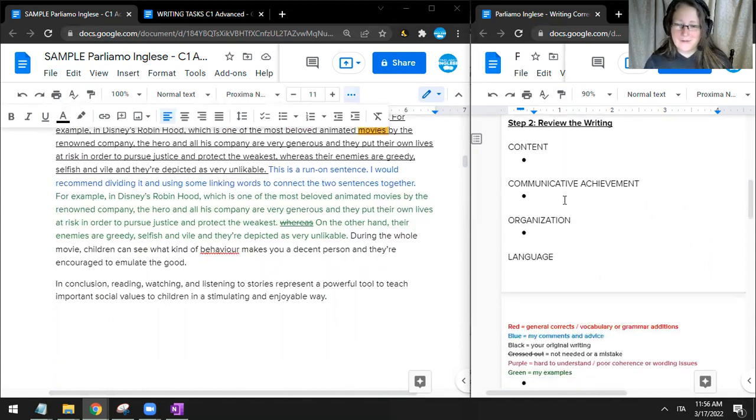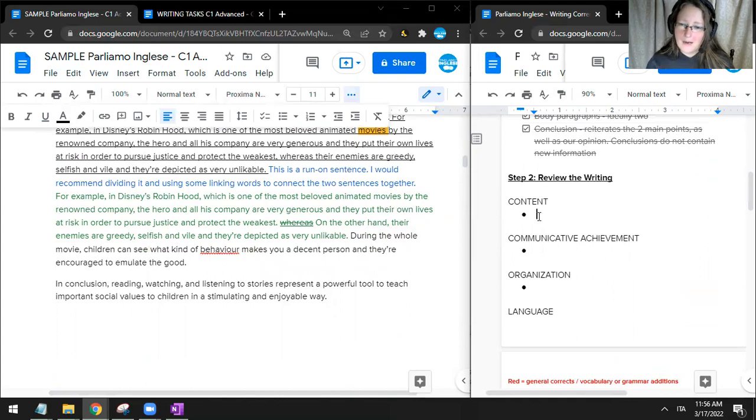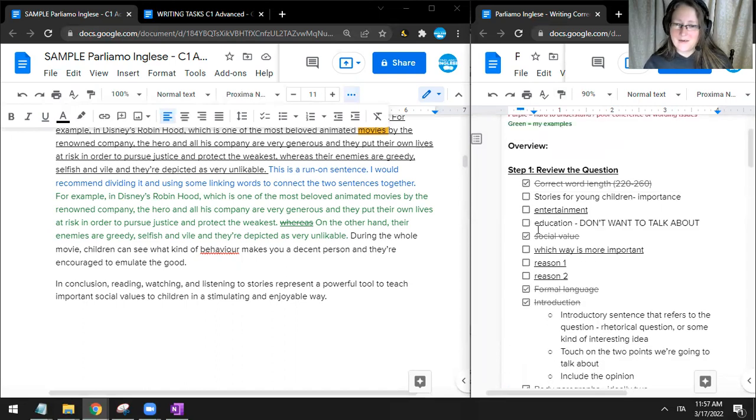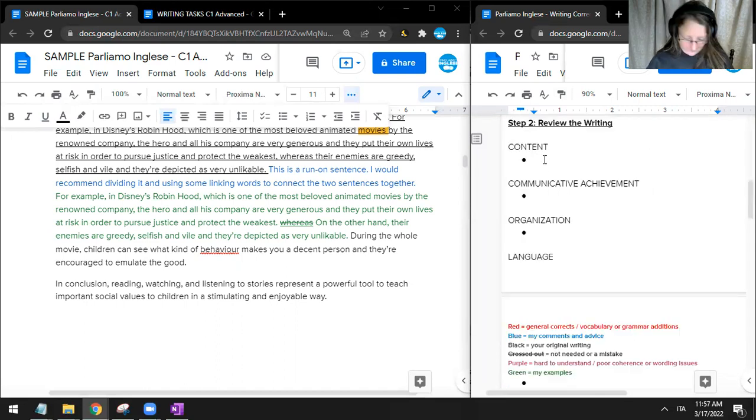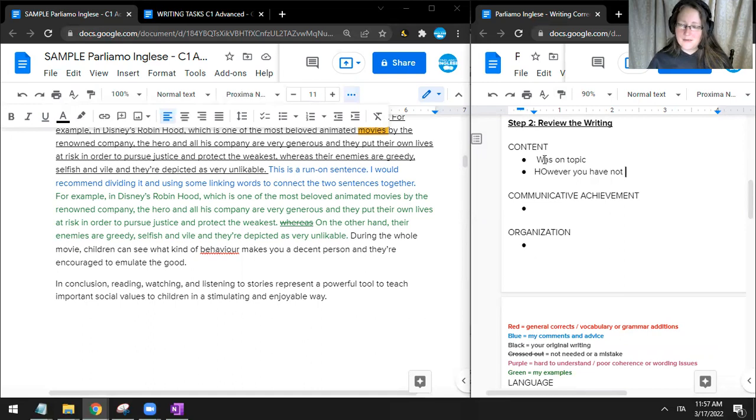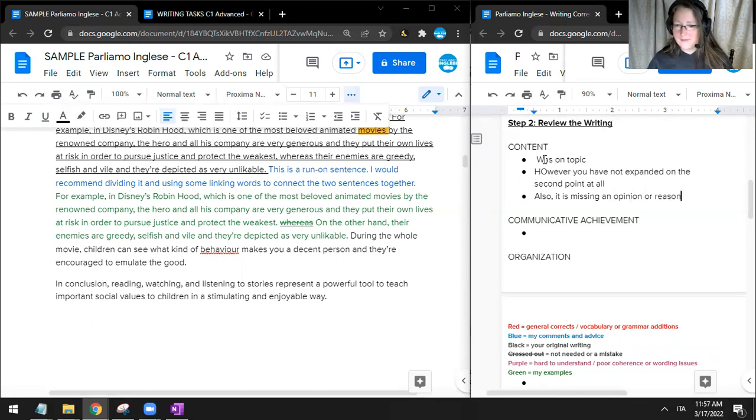Okay, so I'm just going to go now and make notes of my observations, and then I'm going to make some recommendations. So, to review the writing. Under content, it was on topic. However, you have not expanded on the second point at all. Also, it is missing an opinion or reasons for that opinion.